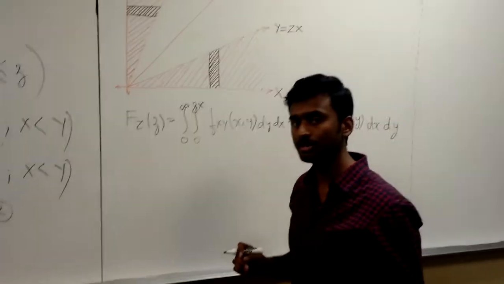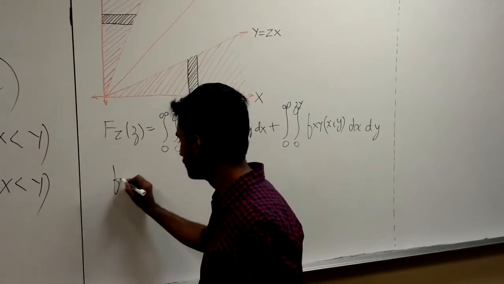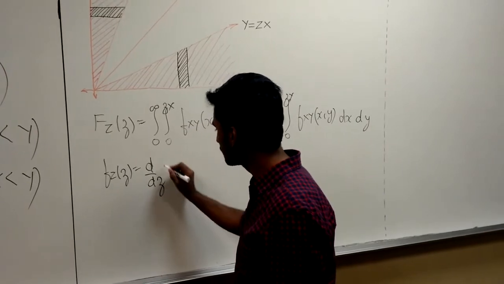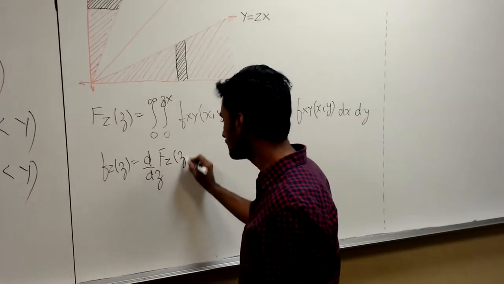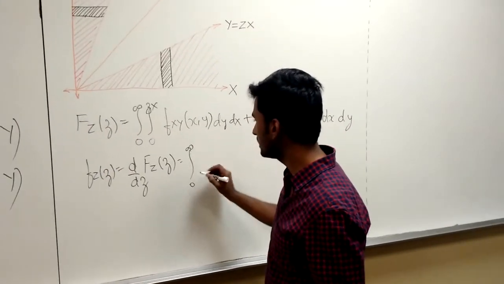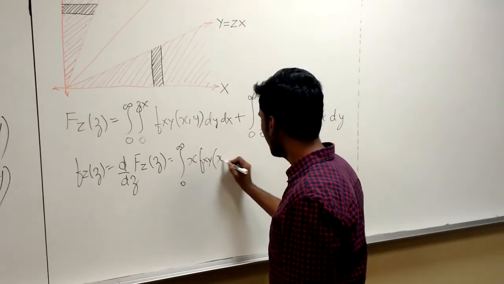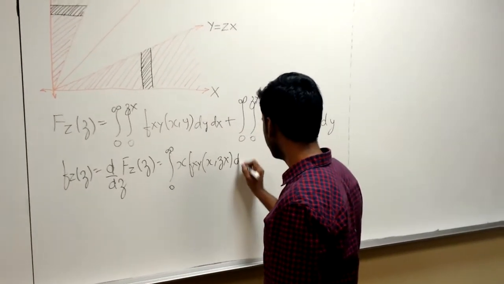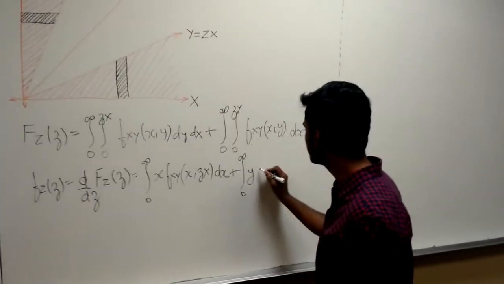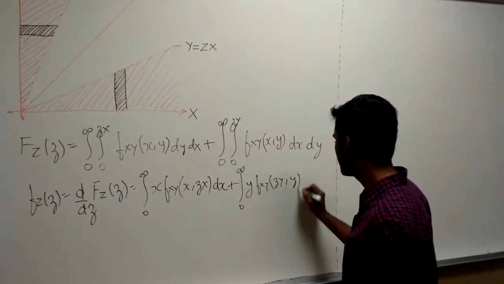Now by using the Leibniz formula, we can arrive at the density function of Z, which is the small f_Z of z, which is nothing but d by dz of the distribution function of Z. By using the Leibniz formula, we get it as the integral from 0 to infinity of x f of (x, zx) dx plus the integral from 0 to infinity of y f of (zy, y) dy.